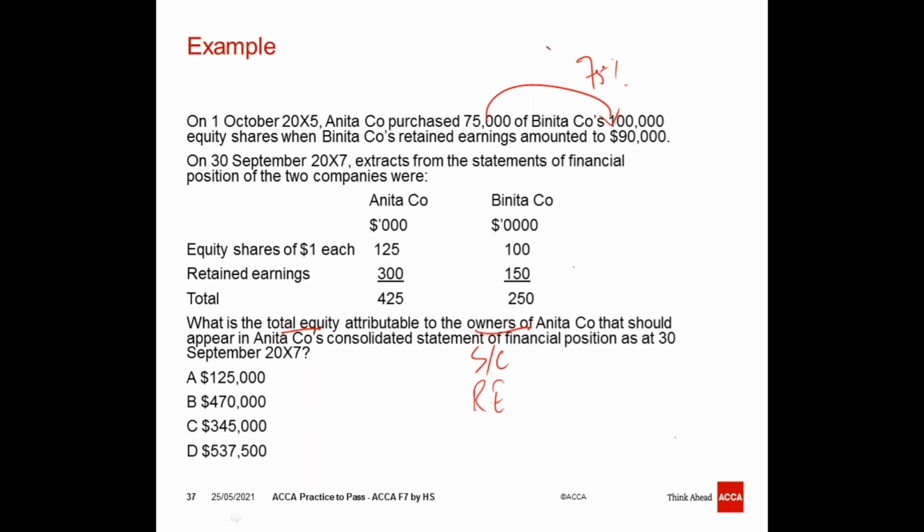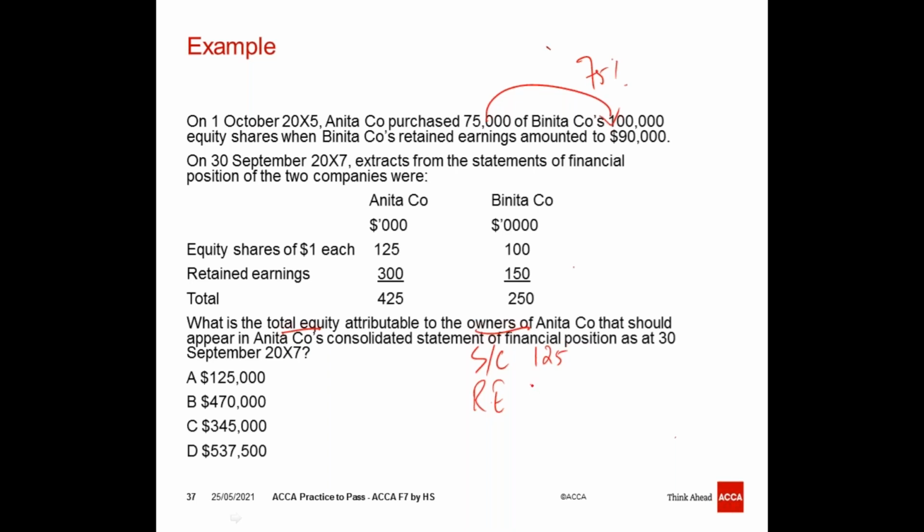So first you need to start with the share capital. Remember this point that only the parent company's share capital should be reported on the consolidated balance sheet. Only the parent company's share capital.